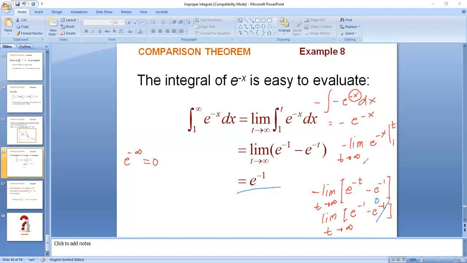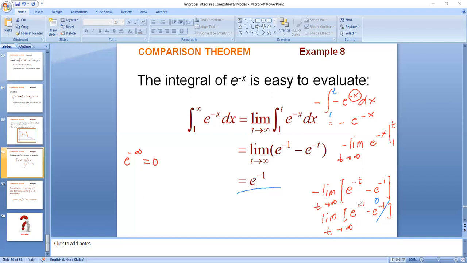You're not yet to evaluate the limit because you haven't yet substituted the limits here, 1 to t, because the limit here is 1 to t for the integral that we evaluated. So you substitute it, first upper limit, next is lower limit. And since you have negative, it can be distributed here, or these two terms can be multiplied by negative 1, so that will interchange these two.